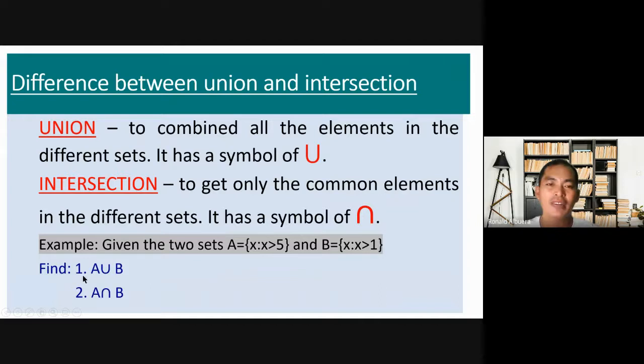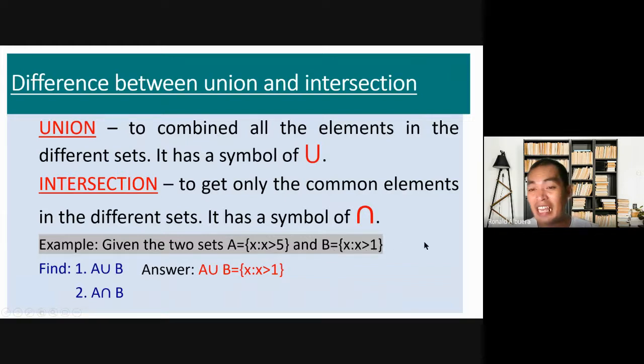As our answer for A, union, meaning greater than 5, greater than 1. So meaning, mag-i-start siya sa greater than 1. The union of set A and B is the set of all x such that x is greater than 1. Okay? Kasi itong set B is from 1. 1, 2, 3, 4, 5, 6, 7, 8, 9, 10.